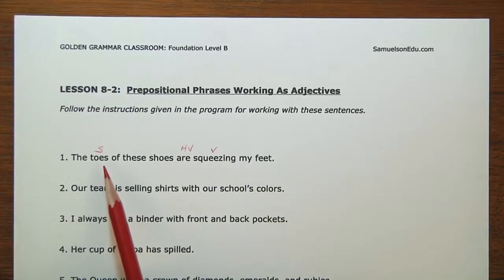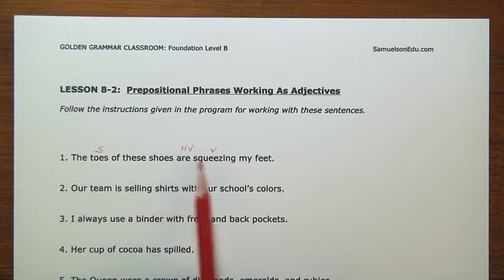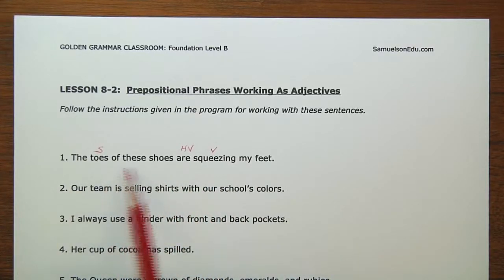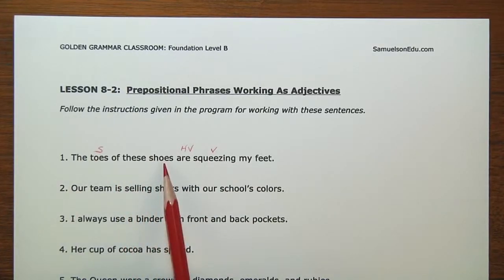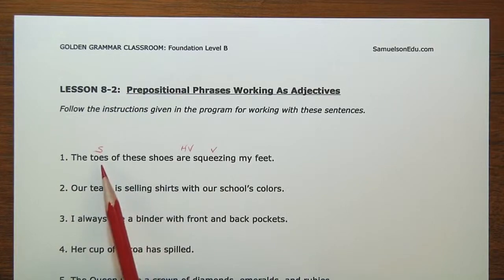Now this brings up, so you see, a point that we need to pay attention to. It's advanced because really toes are squeezing my feet doesn't really make sense. We see here we have a prepositional phrase. Of is the preposition of what? Of shoes. And it is describing the toes.